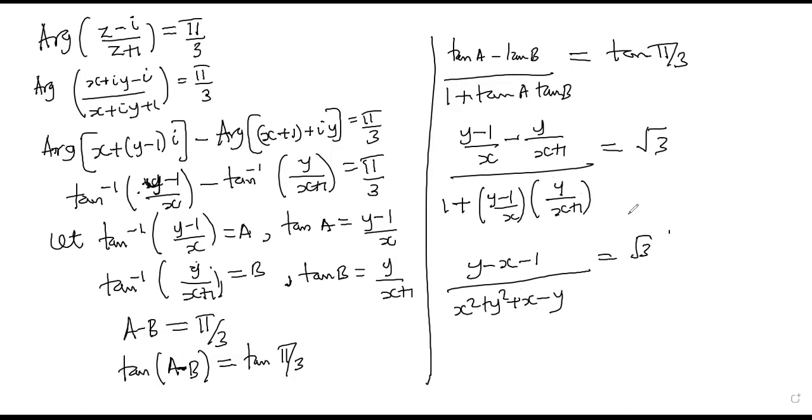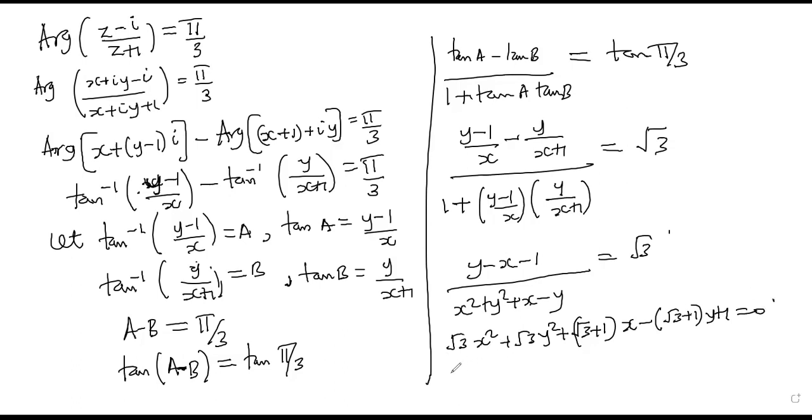Implying that if you cross multiply, you're going to get root 3 x squared plus root 3 y squared plus (root 3 plus 1) x, because I'm going to bring this x this side, then I factorize, then minus (root 3 plus 1) y plus 1 is equal to 0.